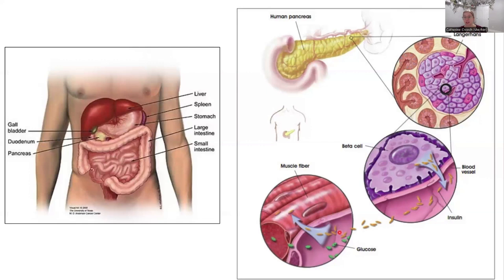And if your cell has a receptor for insulin, it will tell that cell, like this muscle cell here, hey, there's sugar, you should absorb it. And these cells will put up a receptor and they'll start to absorb the glucose. So the insulin tells the cell to take up glucose.